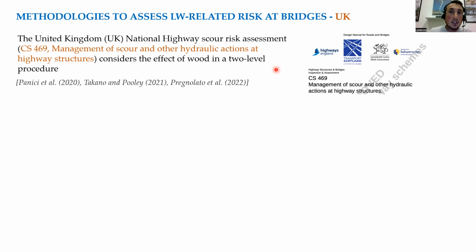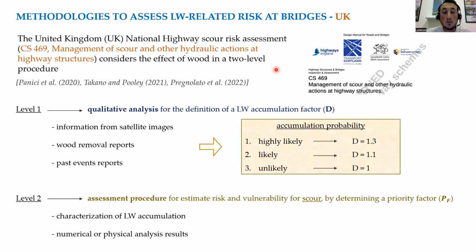In this case, they provided a semi-quantitative estimation of the large wood accumulation, and on the basis of this evaluation, they provide the procedure for the estimation of the risk and the vulnerability for scour. So for the problem of scouring at the bottom of the pier, while nothing is reported about the backwater effect.